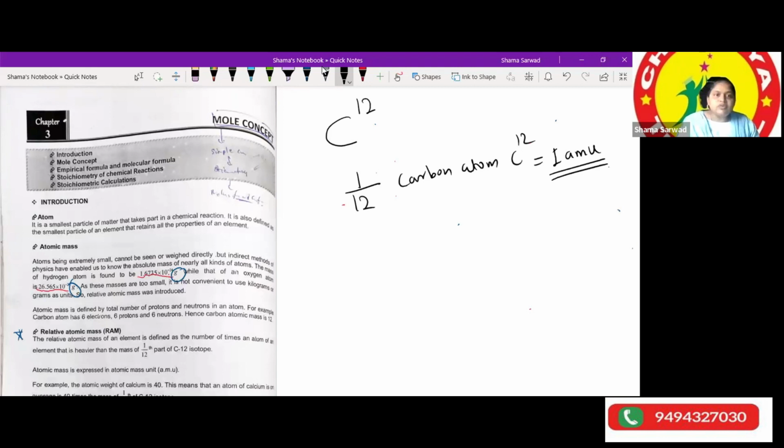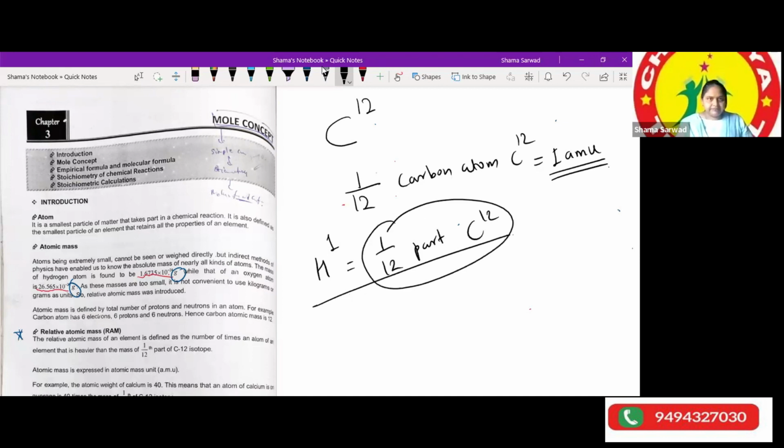The atomic mass of hydrogen is 1 unit, so it will be nothing but 1 by 12th part of the carbon 12 isotope. Understand? The atomic masses of the atoms are compared with 1 by 12 part of carbon 12, and on the basis of that, we decide the atomic mass.